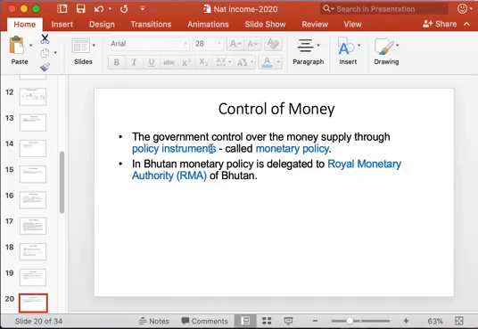So government controls the supply of money through policy instruments called monetary policy. And in Bhutan, the monetary policy is delegated to the Royal Monetary Authority of Bhutan, RMA.